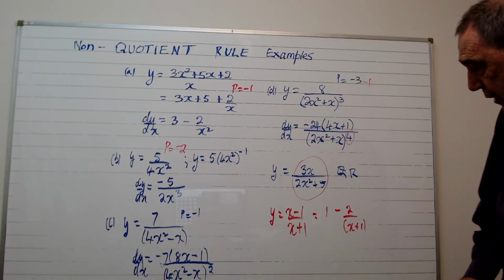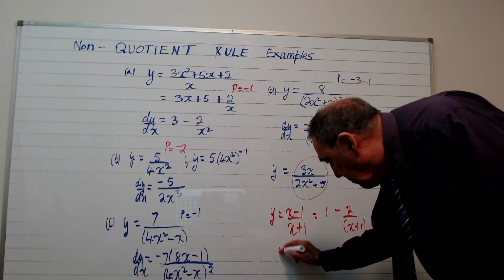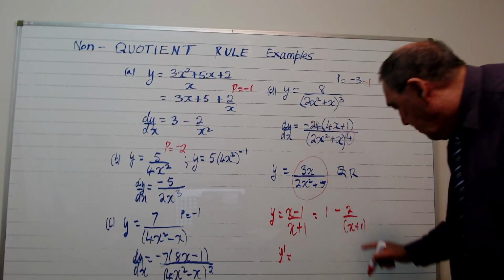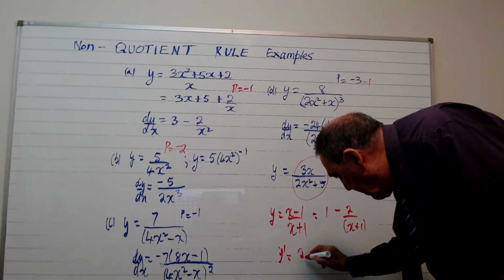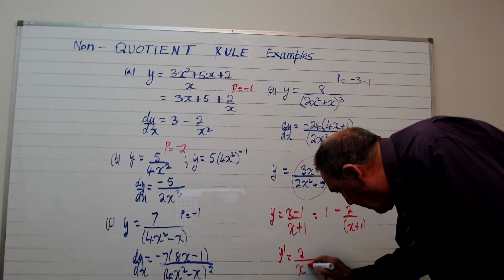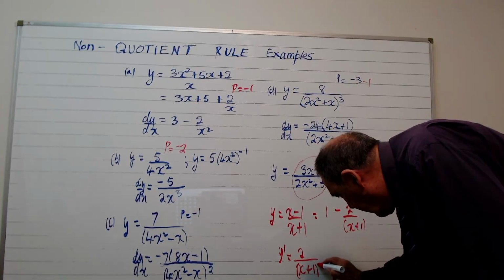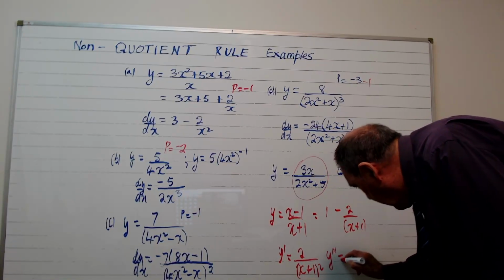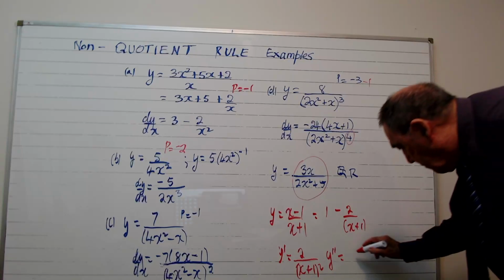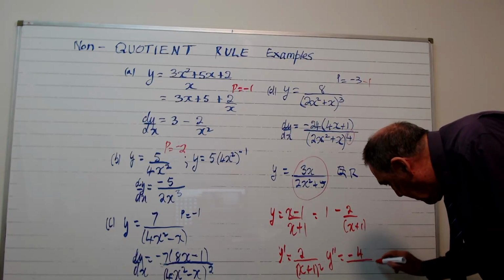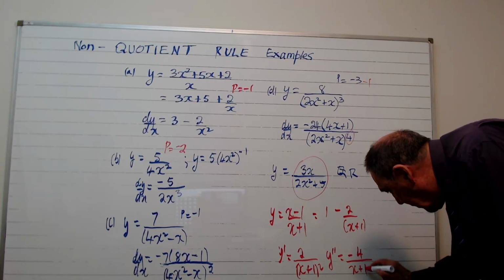So then the second derivative is very easy. The first derivative, y dash, equals +2 over x plus 1 squared. And the second derivative is equal to -4 over x plus 1 to the power of 3.